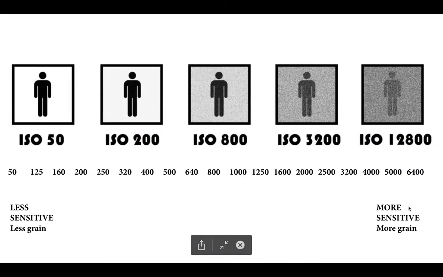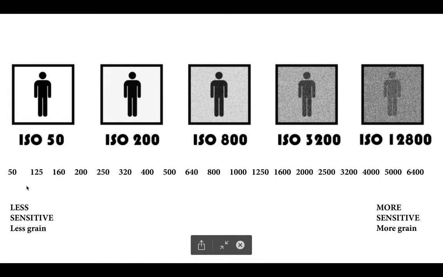Now, the higher your ISO is, the higher sensitivity you have to light. So that means you can open your camera's shutter door for less time to get a good amount of light because you're so sensitive to light at that point. And like our apertures and shutter speeds, there are scales.